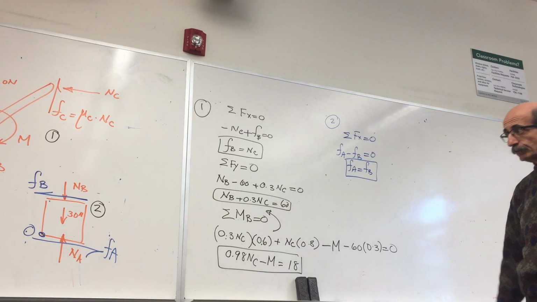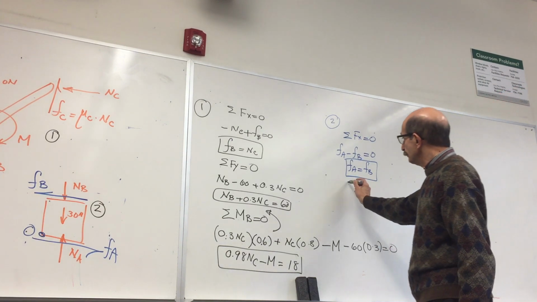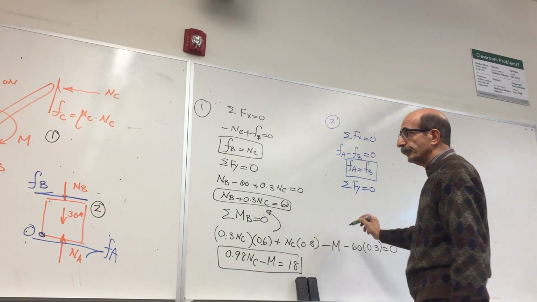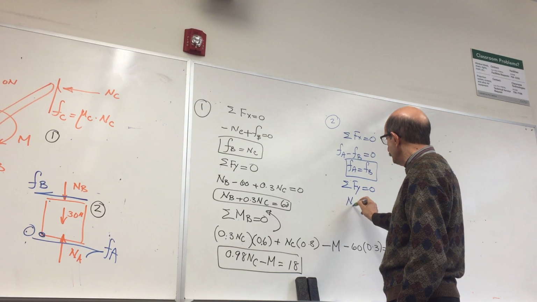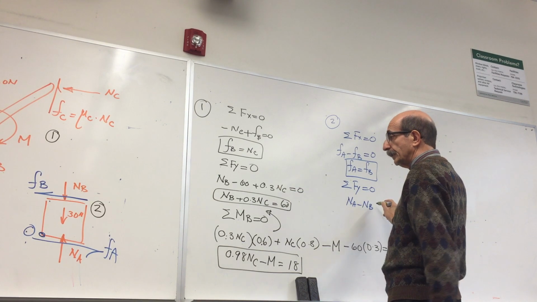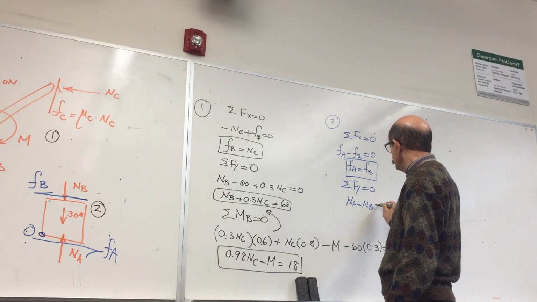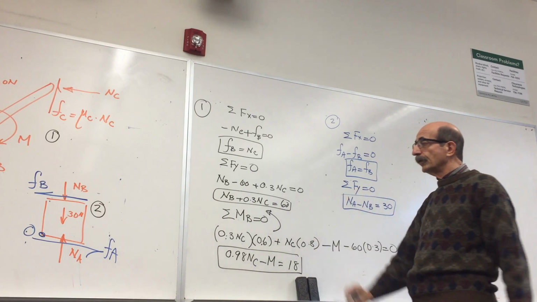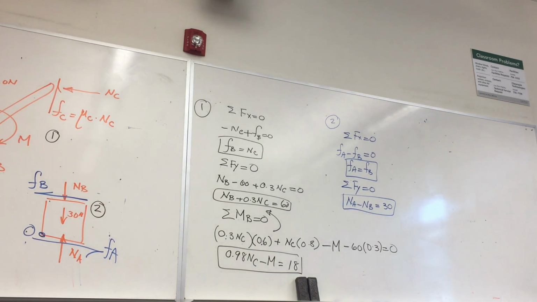These are the two friction forces, right? Summation of forces along Y is equal to 0 will give me NA minus NB minus 30 is equal to 0, or NA minus NB is equal to 30, okay?